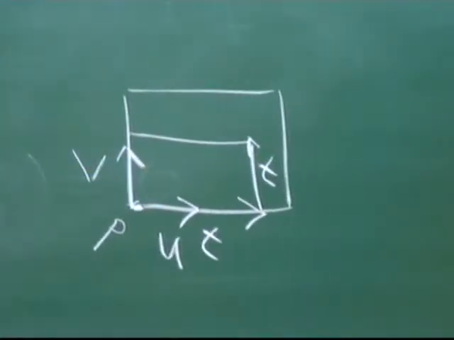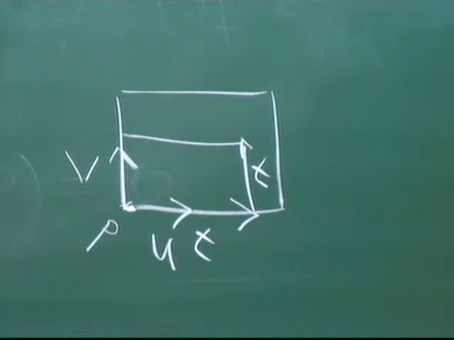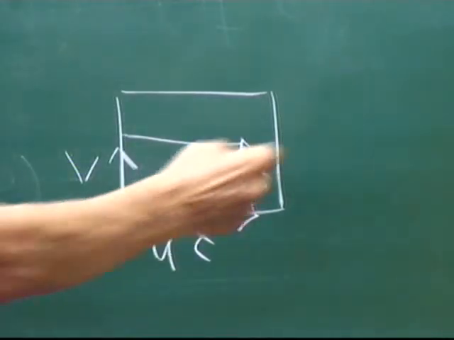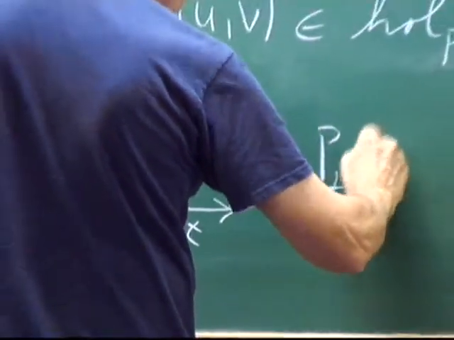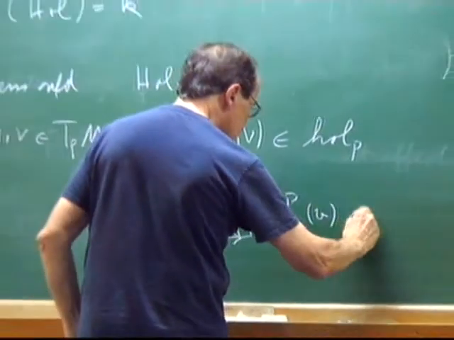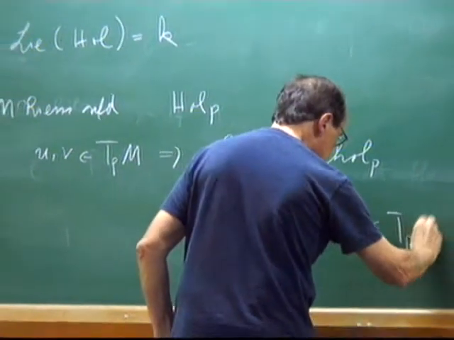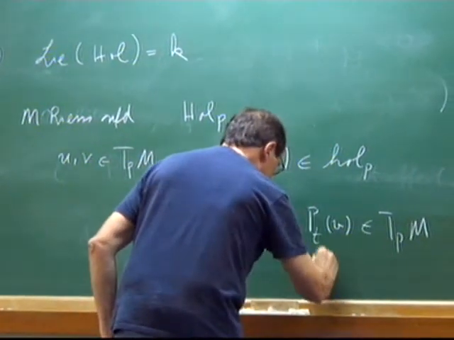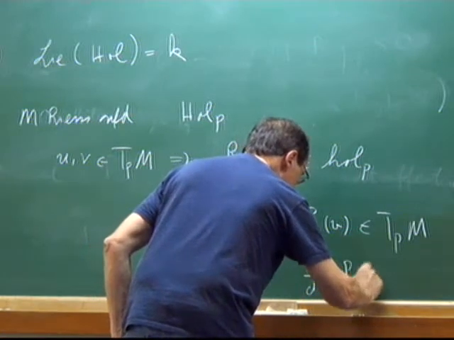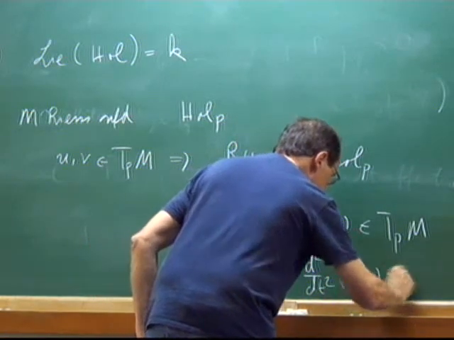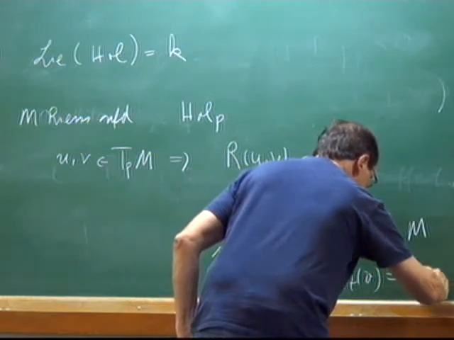I parallel translate around the closed path. And then I took the second derivative, and that gives me this curvature endomorphism. So we had Pt of V is a path in TPM, and the second derivative of the curvature tensor.